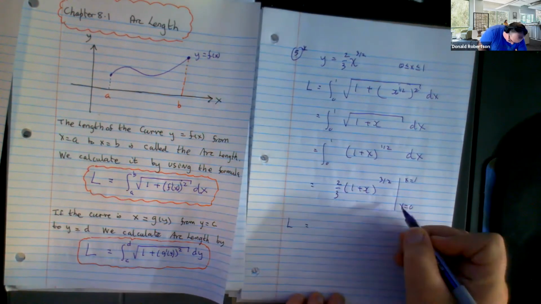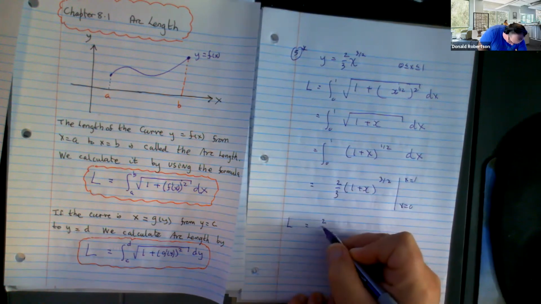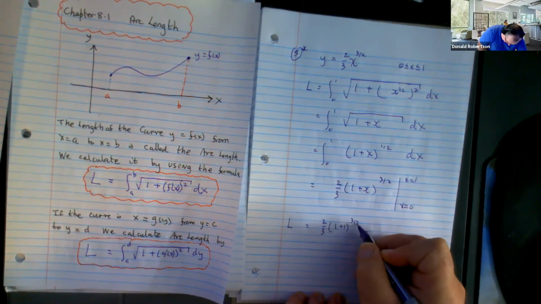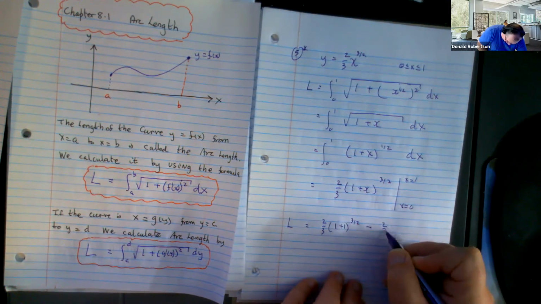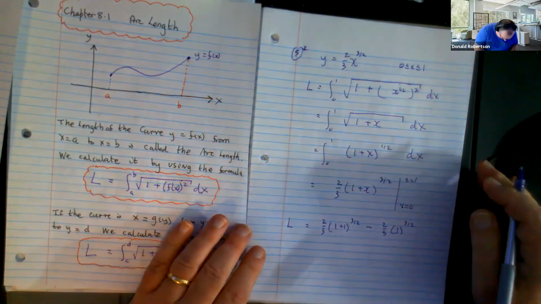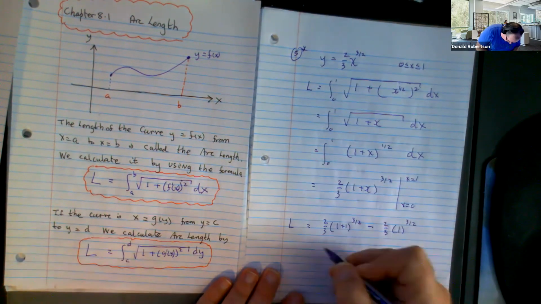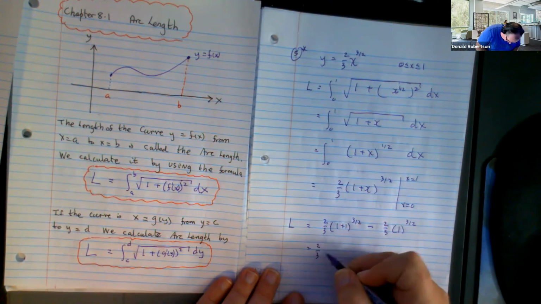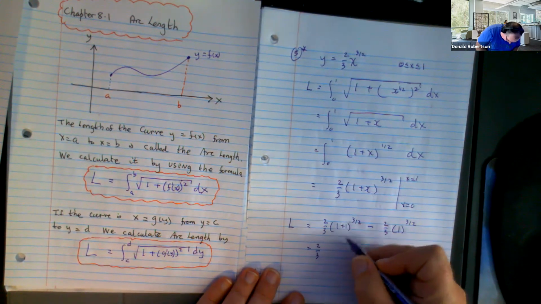So what do we get? We plug in 1, we get 2/3, 1 plus 1 to the 3/2. Take away 2/3, 1 to the 3/2. I probably should have done this earlier, but I'm going to do it now. That's 2 to the power of 3/2.